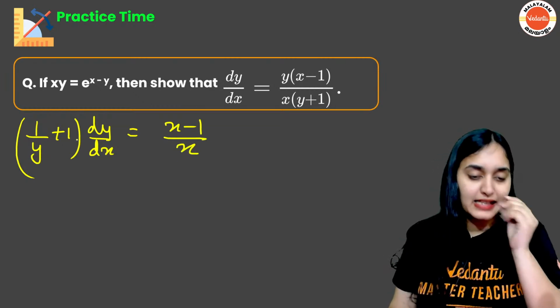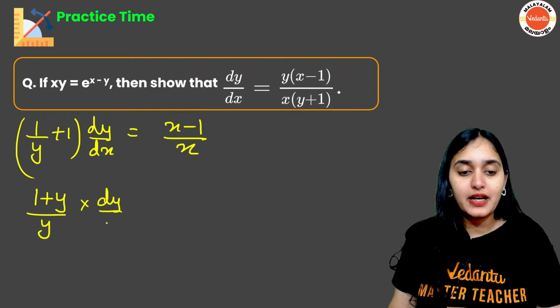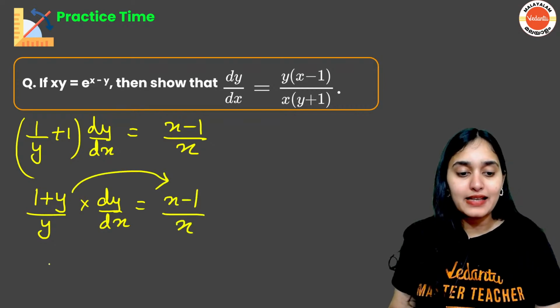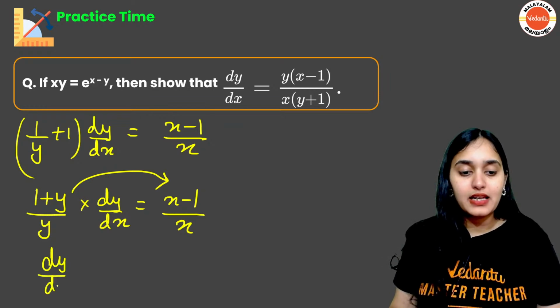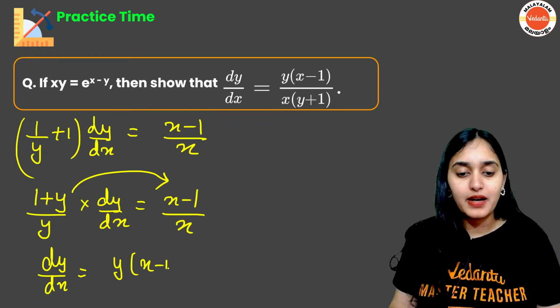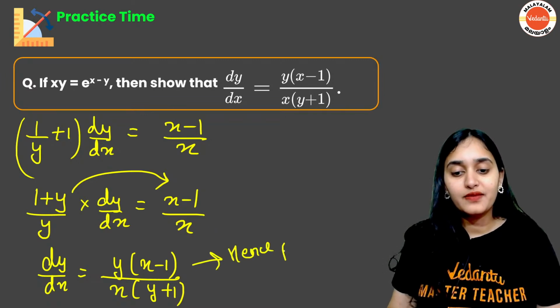So, we get 1 upon y plus 1 common dy by dx is equal to x minus 1 upon x. Again, we will take the LCM. What we will get? 1 plus y upon y into dy by dx is equal to x minus 1 upon x. Now, send it to the right hand side. So, dy by dx is equal to y into x minus 1, x into y plus 1, and hence proved.